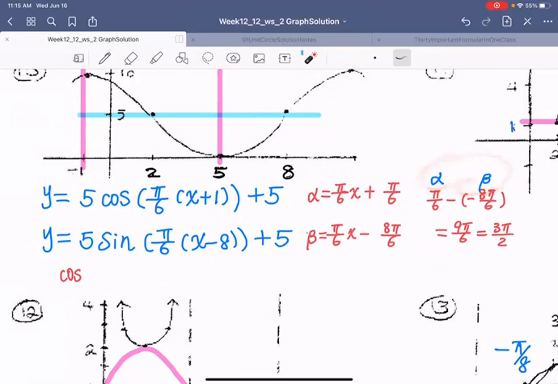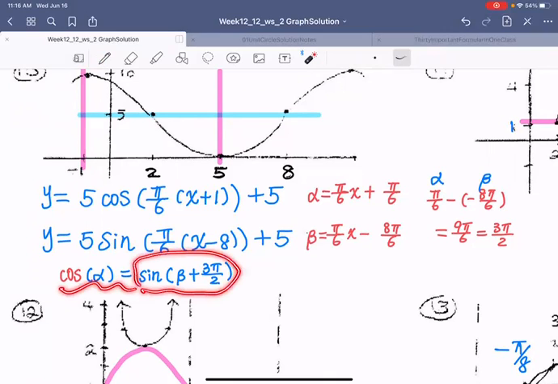Alpha minus beta has a difference of 3 pi over 2. So that means cosine alpha will be the same as sine of beta plus 3 pi over 2.